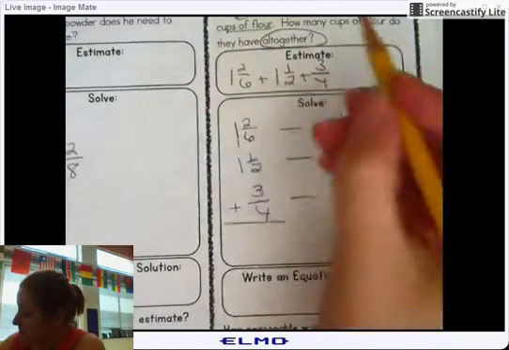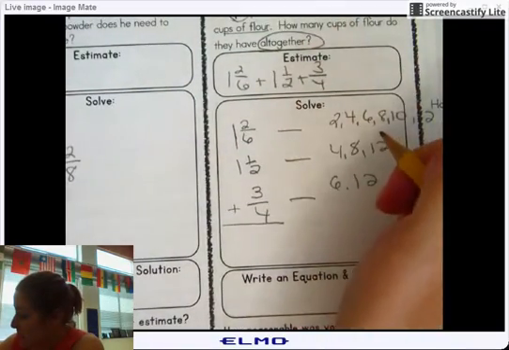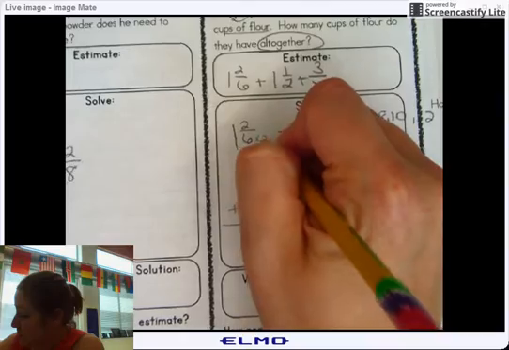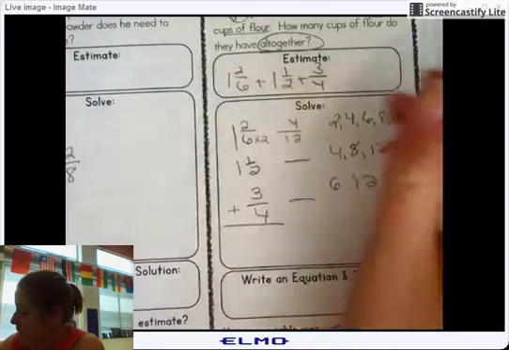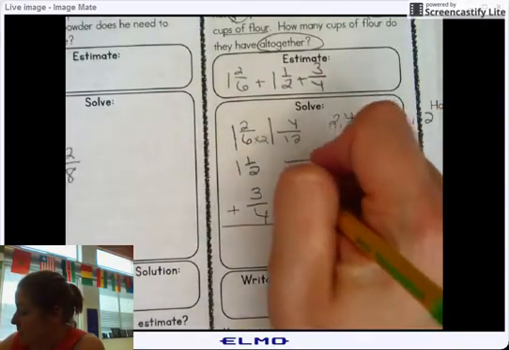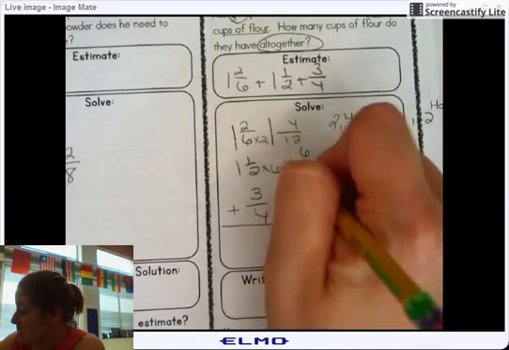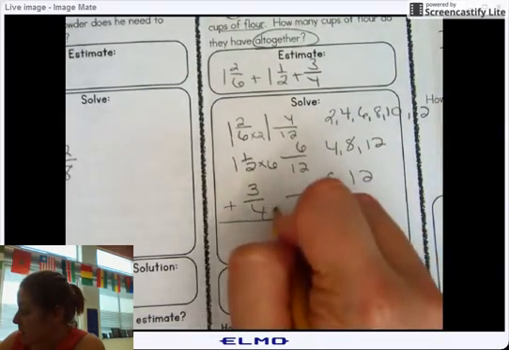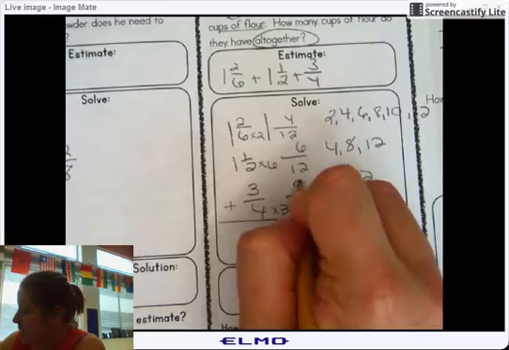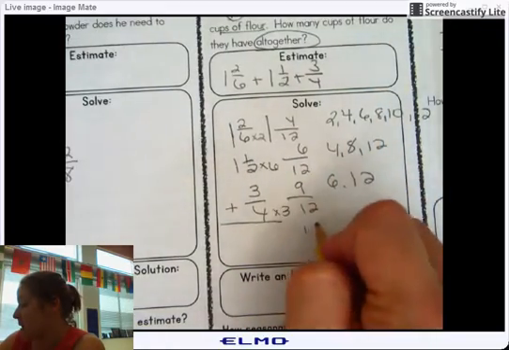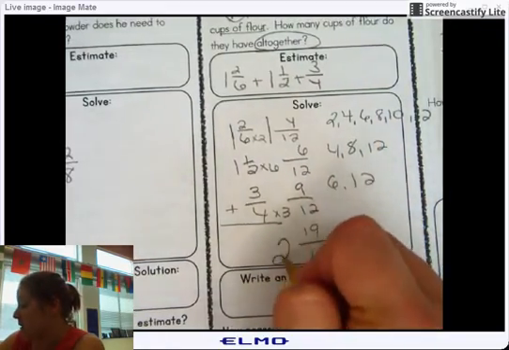Let me solve this problem myself. Times 2 is 12, so 4 12s, times 6, 6 12s, times 3, 12, 9, 19 12s.